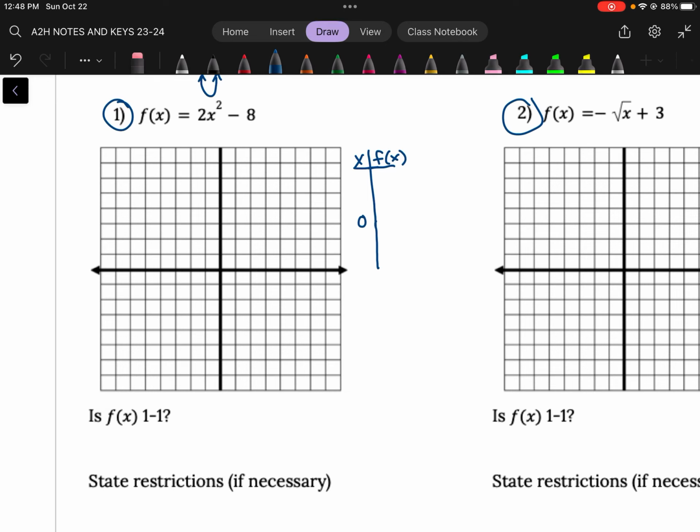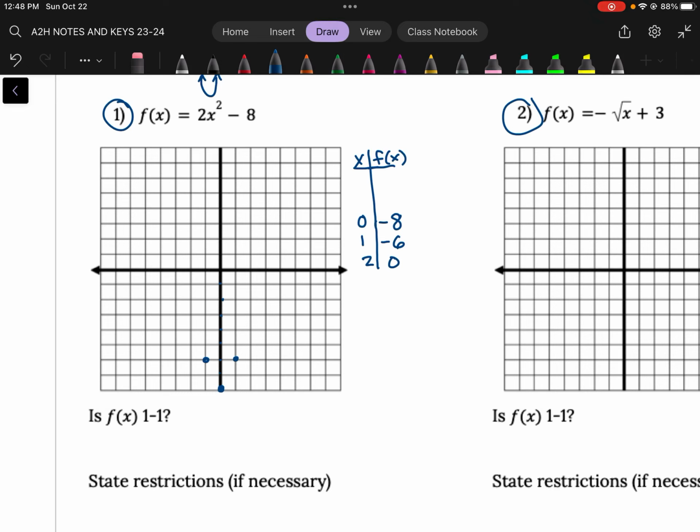I'm going to start with 0 in the middle, right? Because I know 3, 4, 5, 6, 7, 8. So the function is symmetrical with 0, -8 at the bottom there. I put in 1, I get -6. I get another on each side, right?